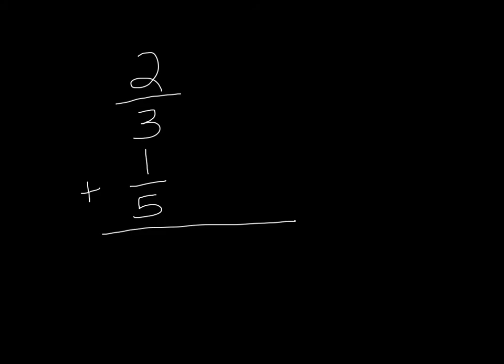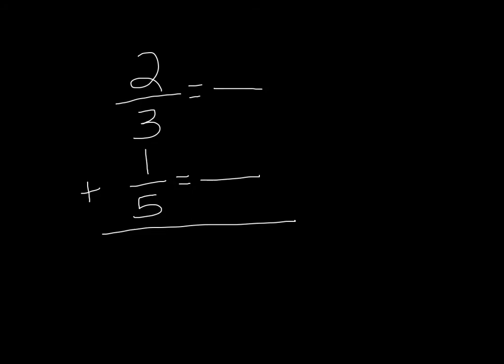Again, because our denominators are different, we're not going to have an easy time putting thirds and fifths together. We could try and draw that out, but we'd probably end up in a big mess. So instead, we're going to try and create equivalent fractions. And those equivalent fractions, to be able to add them, are going to have the same denominator.